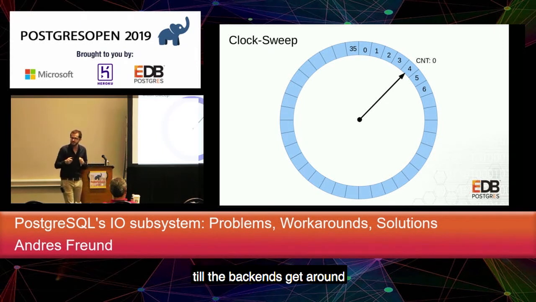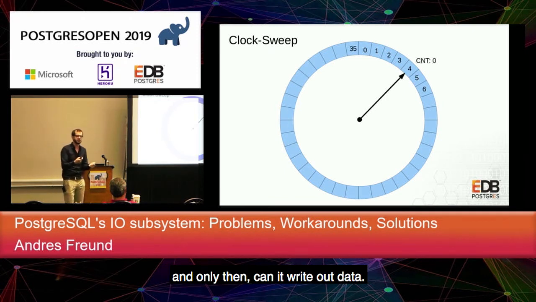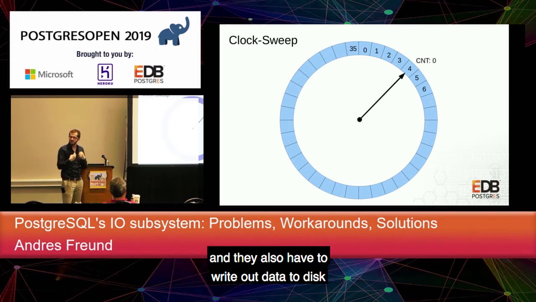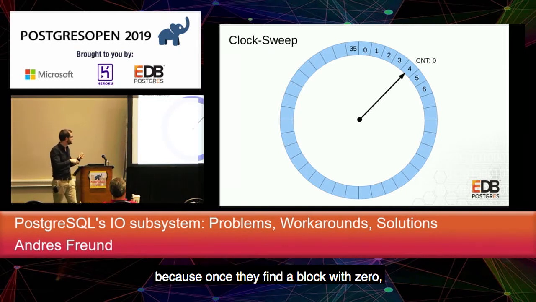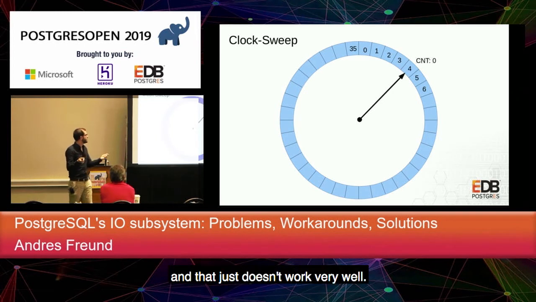It has to wait till backends get around and do this clock sweep thing to reduce buffer usage counts to 0, and only then can it write out data. The problem is that for that to happen, the backends have to do a lot of work, and they also always have to write out data to disk, because once they find a block with 0, they will have to write it out. And that just doesn't work very well.